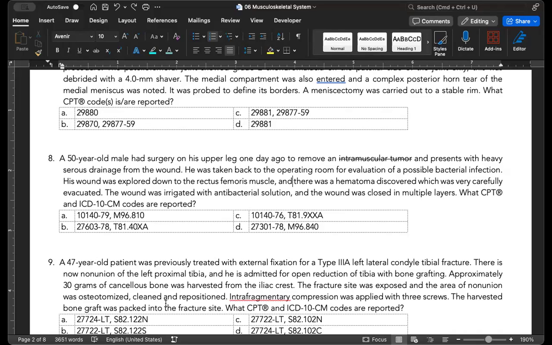So underneath post-procedural, you've got a decent amount of codes as well, right? However, they give us a little bit more detail. So we've got this drainage from the wound. I'm going to highlight the things that we need.